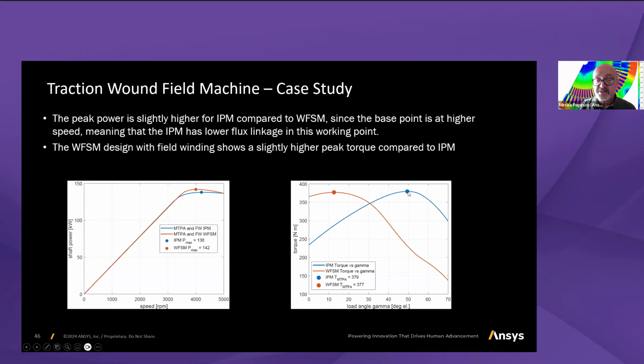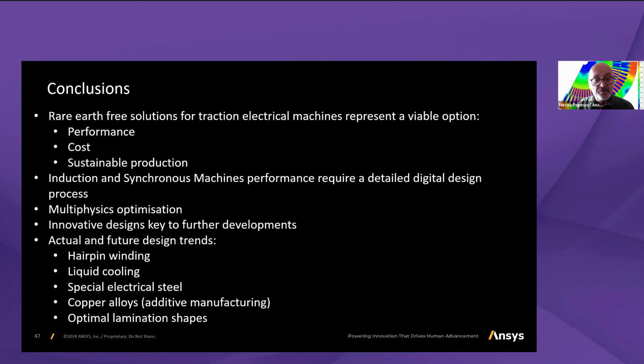And as expected for the IPM, the optimum phase advance is somewhere close to 50 electrical degrees. Conclusions: rare earth free solutions do represent obviously a viable solution for electrification.